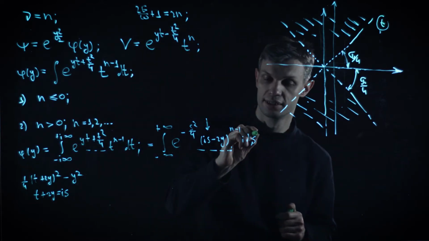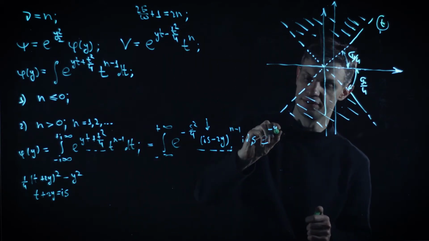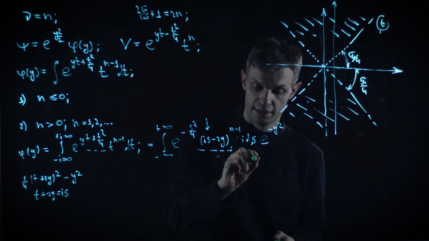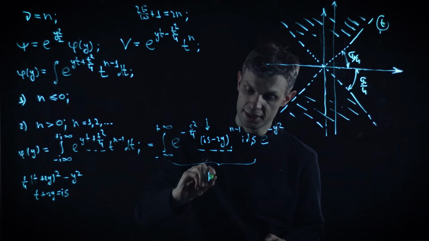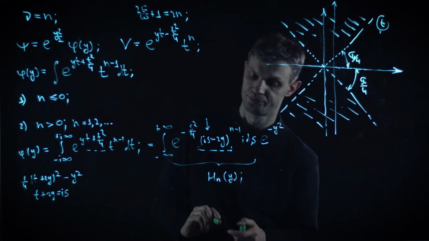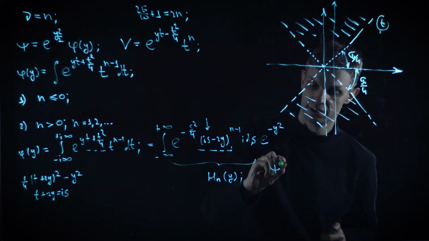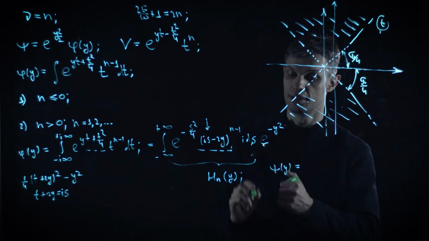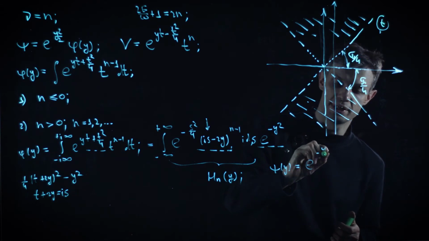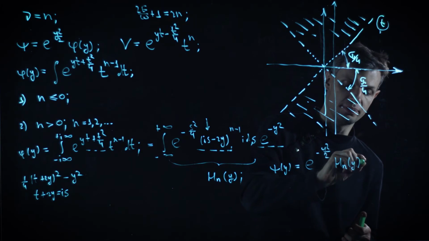Although here I dropped the additional exponential function, e to minus y squared. So this integral is proportional to H_n of y. And as a result, the entire solution now, taking into account this exponentially decaying factor, is just e to minus y squared over 2 times the Hermite polynomial of y.